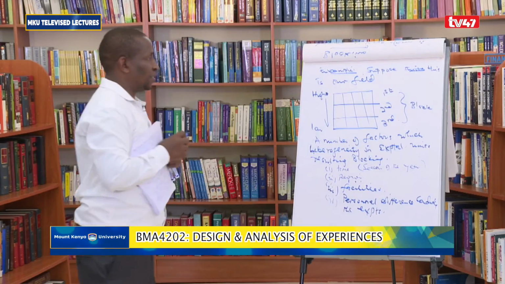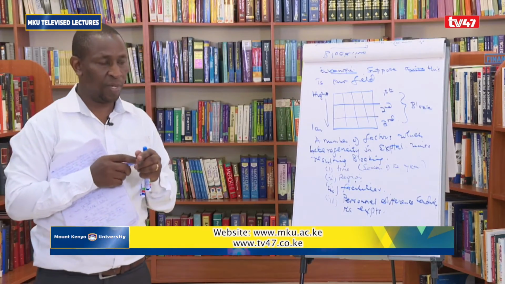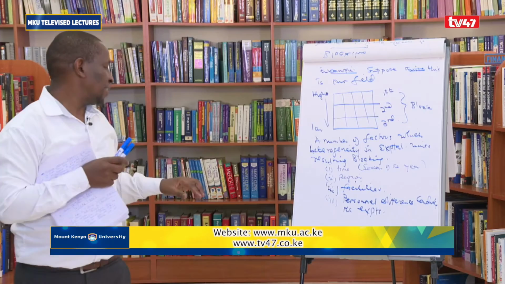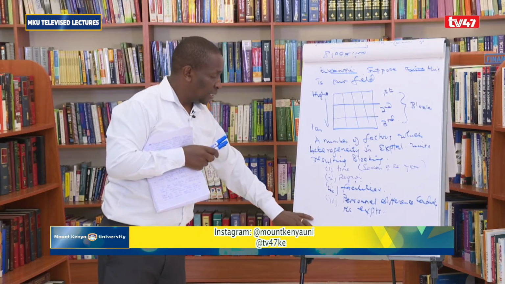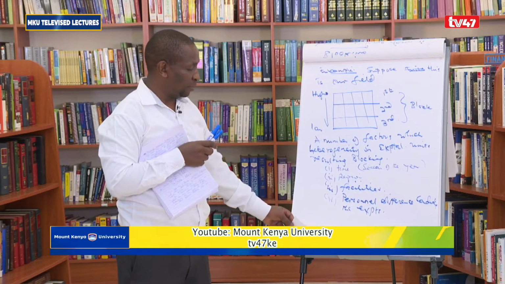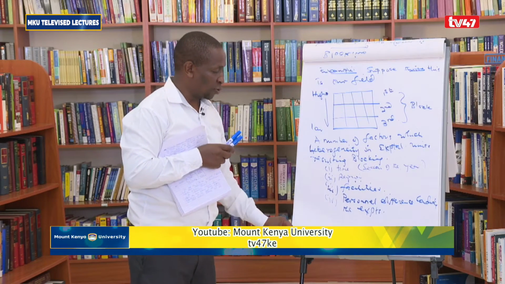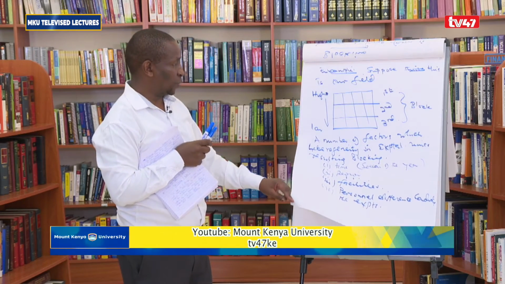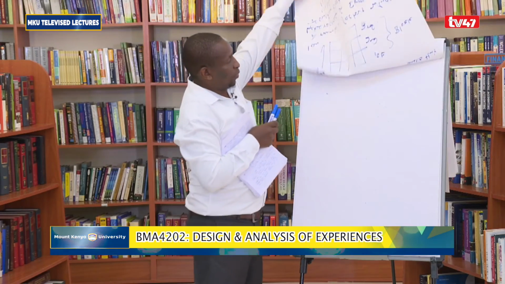Yes, the personnel difference conducting the experiment. One person may have some inherent inabilities or shortcomings that make the measurement units differ from another person, so we need to do the blocking.